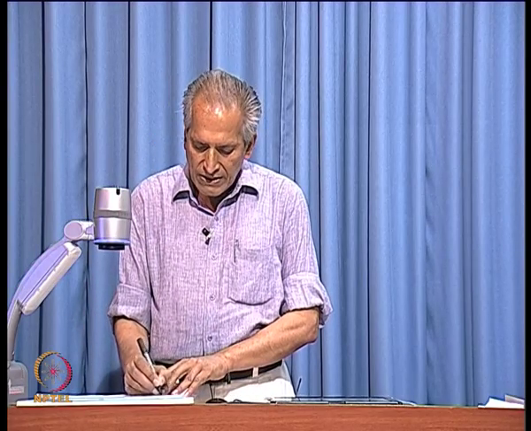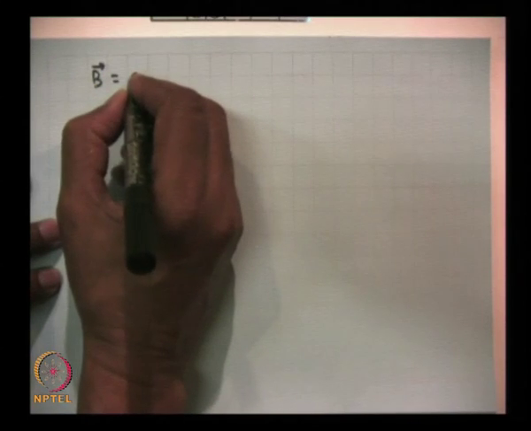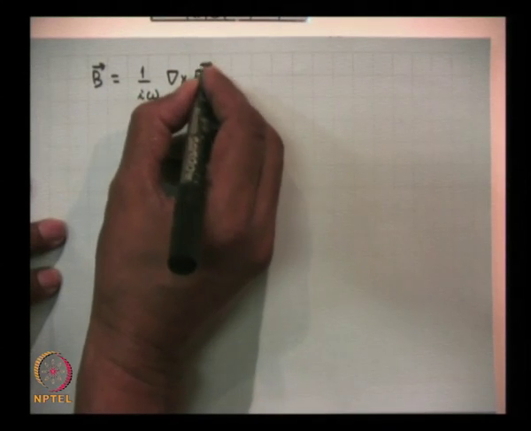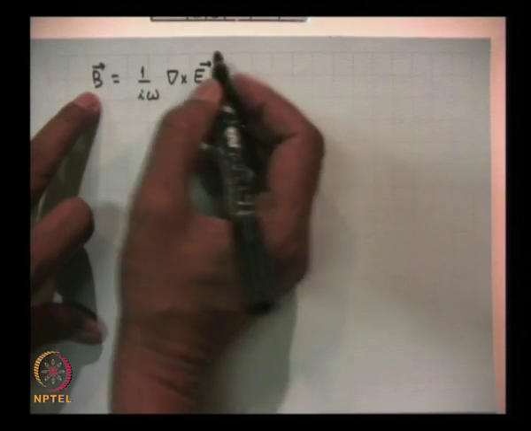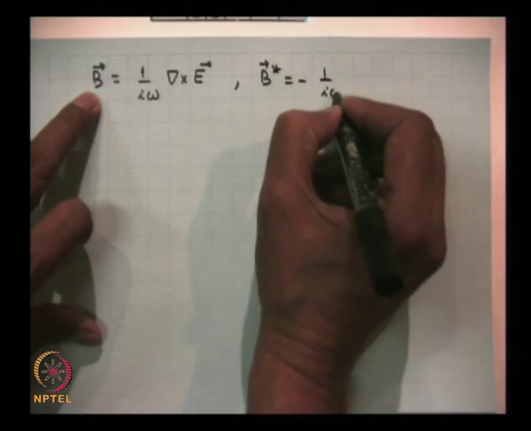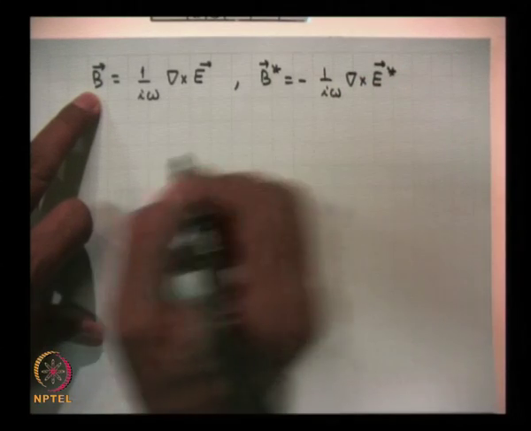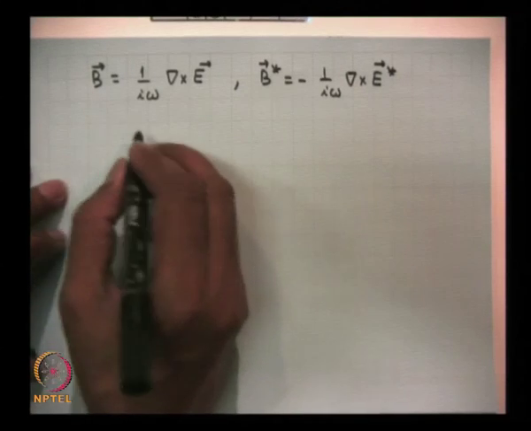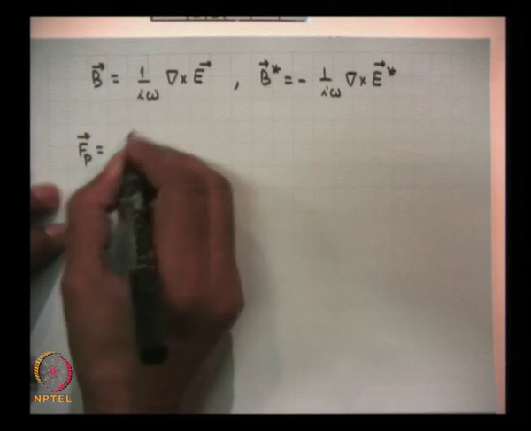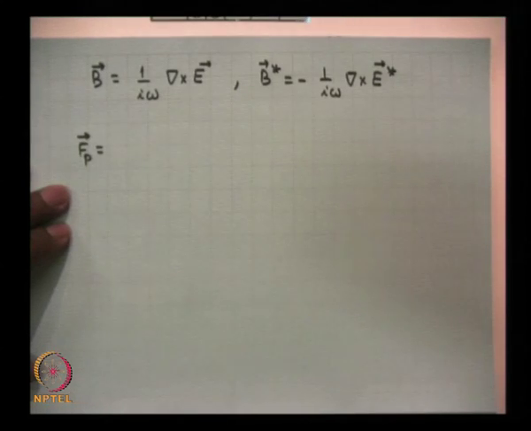Let me remind you that B I had written as 1 upon iω curl of E. So, use there. So, B star will be minus 1 upon iω into curl of E star, complex conjugate of E. So, if I use this in the expression for Fp, Fp becomes equal to, I think I forgot the first term had a negative sign also.